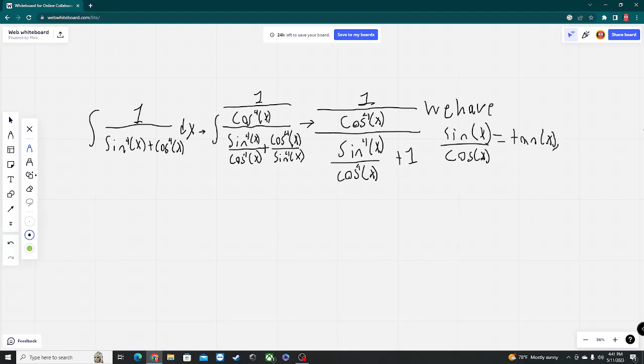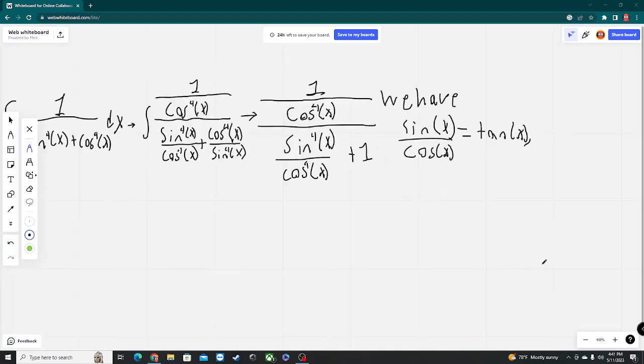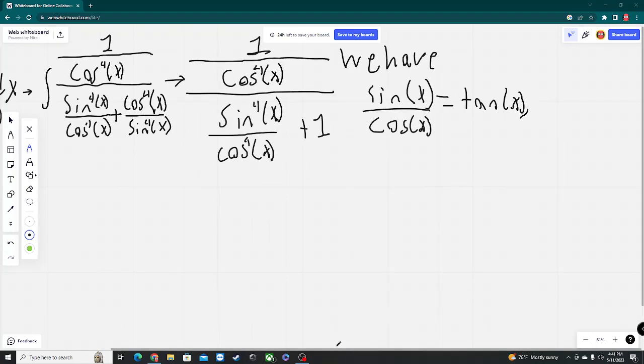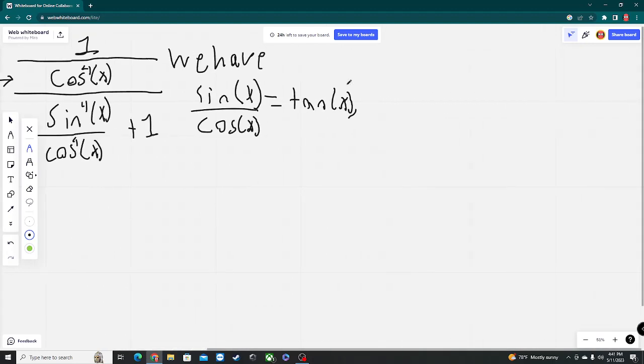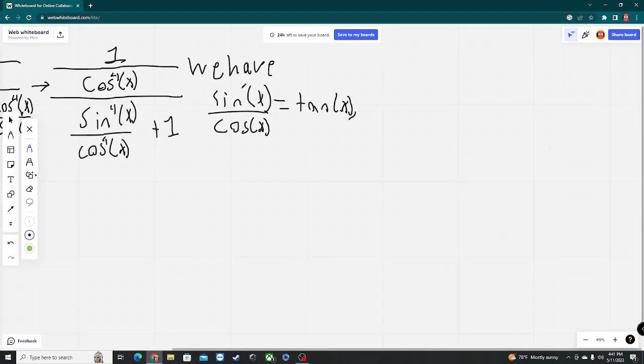I can put a comma here. I'm trying to drag it. There we go. So equals tan x. Now with partial fractions we have to actually give an explanation of what we're subbing out for.